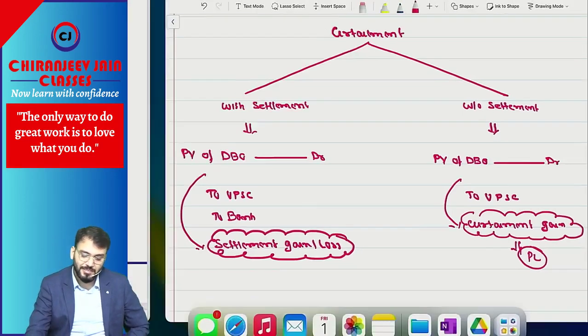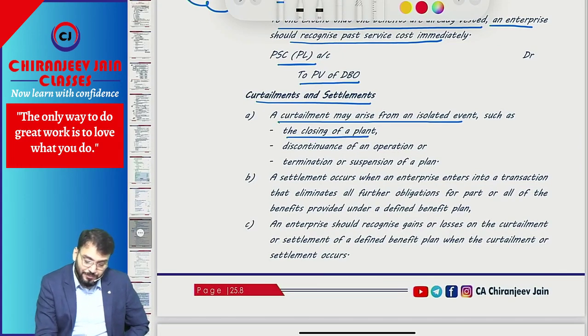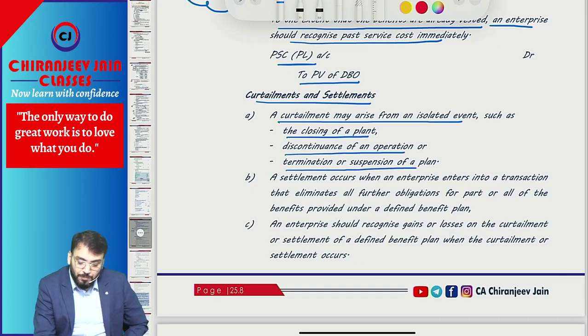Super easy. So what have they given? A curtailment may arise from an isolated event such as the closing of a plant, discontinuation of an operation, terminating or suspension of a plant.